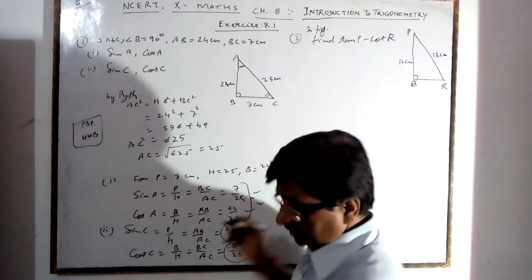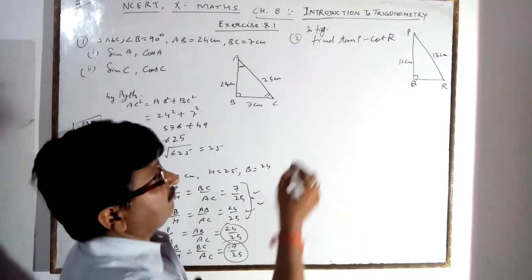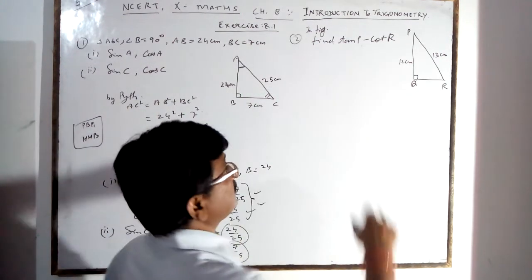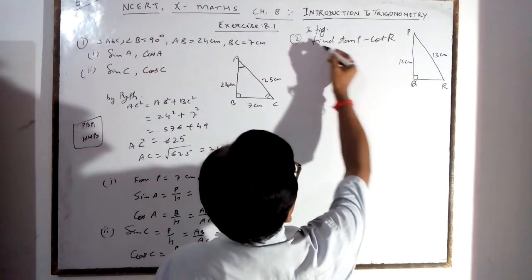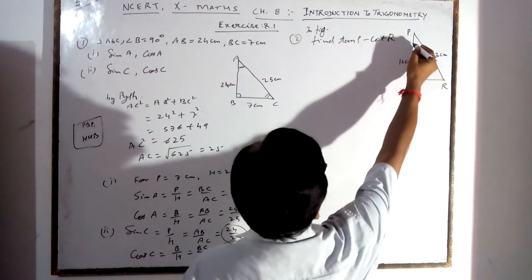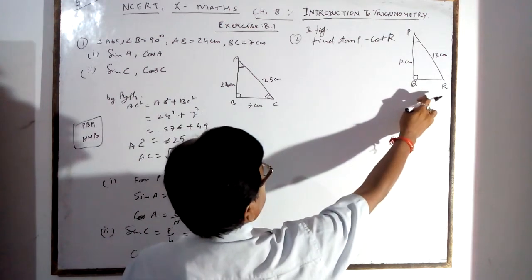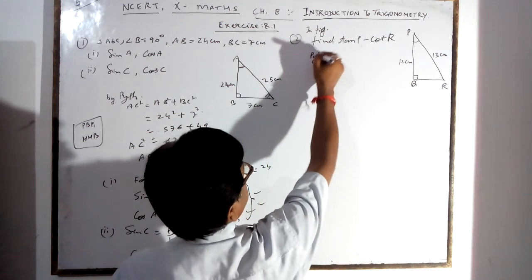So how will you do it? First of all, you find out the values. For tan P you want QR. So first of all you apply Pythagoras.